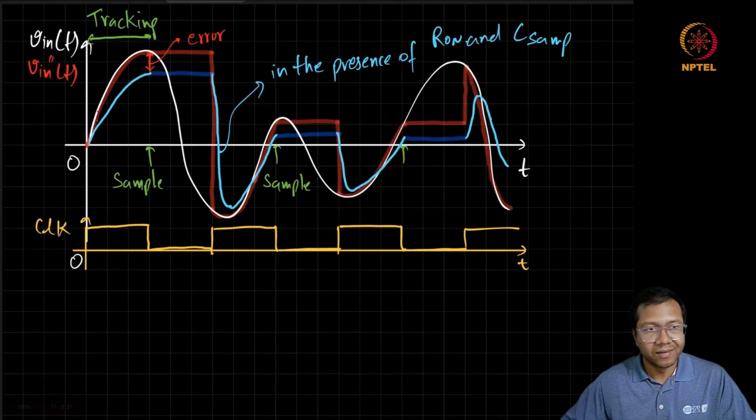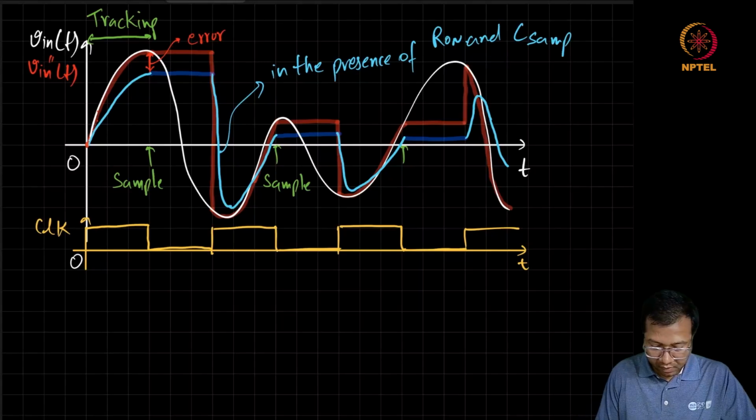So if we are trying to design a circuit where the signal needs to be sampled satisfactorily, we need to make sure the effect of R on and C sample is minimal during the tracking phase.